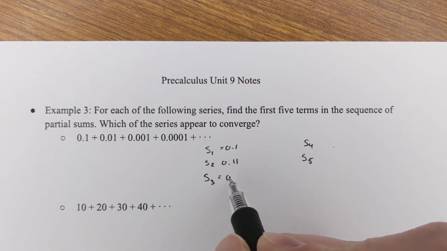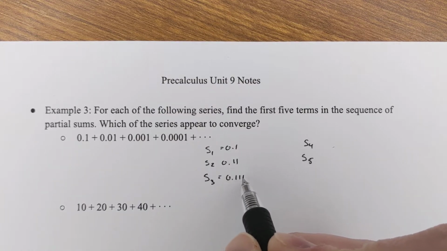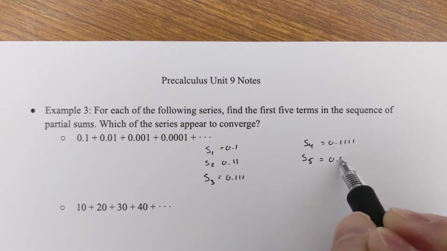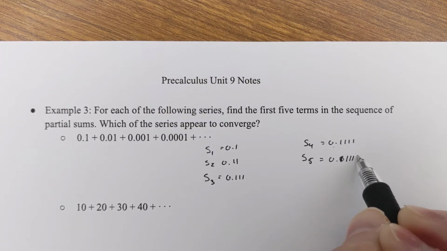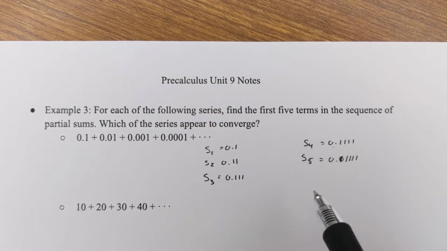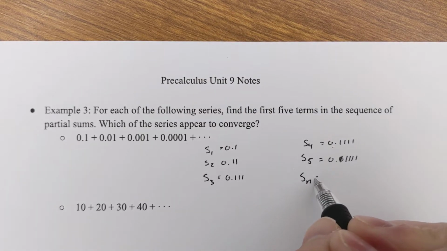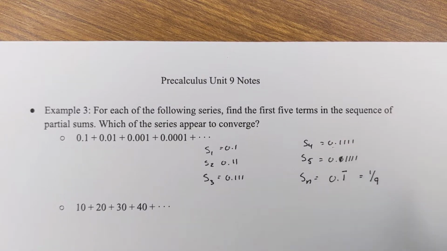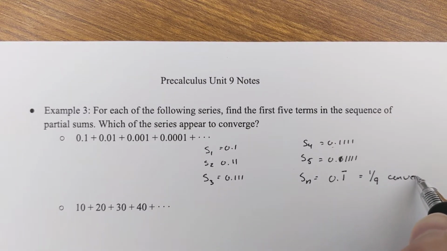S3 is the first 3, 0.111, S4 is 0.1111, and S5 would be 0.11111. If you notice the pattern, Sn is 0.1 repeating, which is 1/9. And since it has a value, it converges.